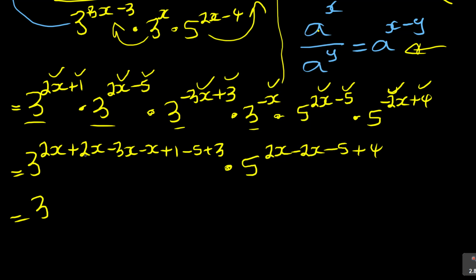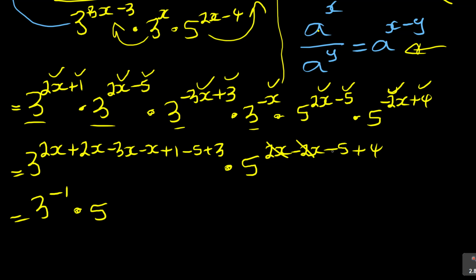So it's 2x plus 2x, which is 4x, minus 3x, which is plus x. This gives us 0x, and then 1 minus 5. 1 minus 5 is minus 4 plus 1 is negative 1. So we get a negative 1 here, dot 5, 2x minus 2x there. Then we have got what?